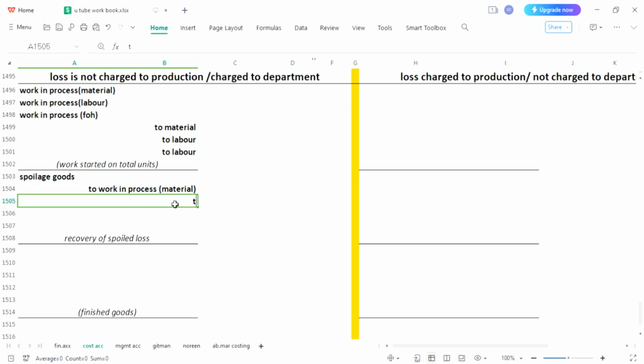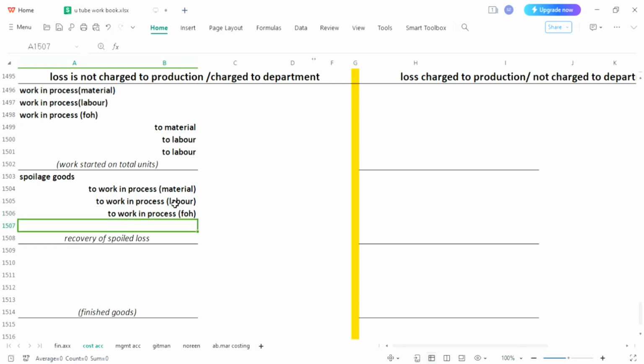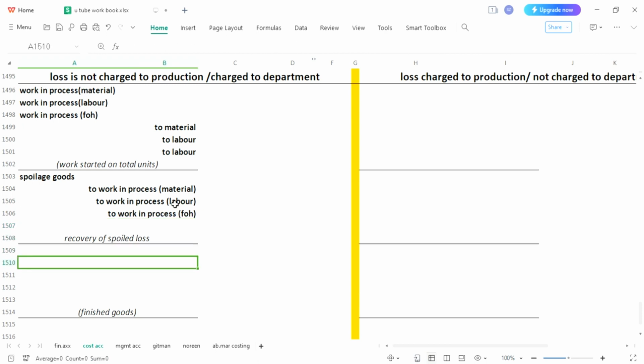Then to work in process labor, and finally work in process factory overhead. So our recovery process has ended, and then we will see our finished goods.